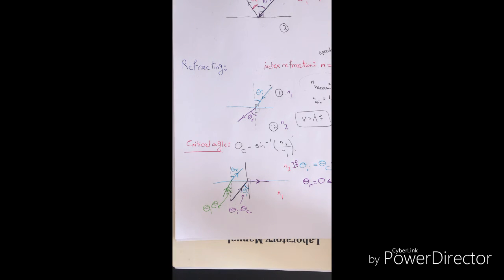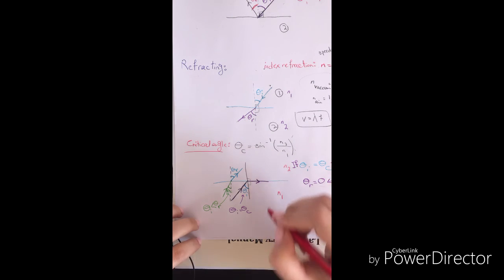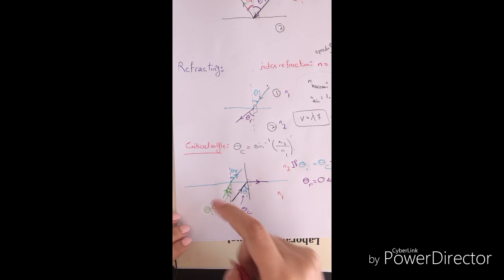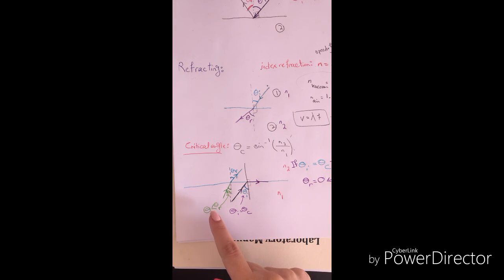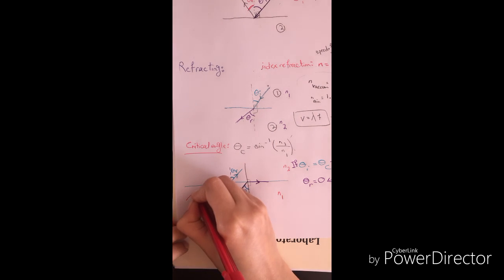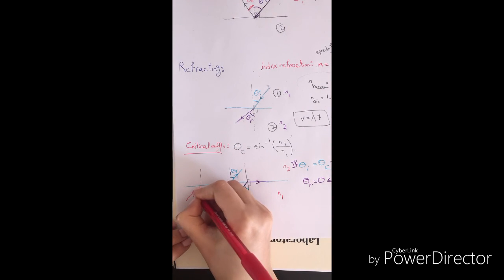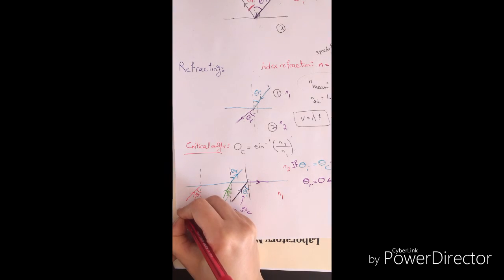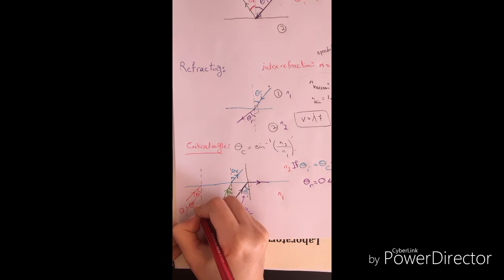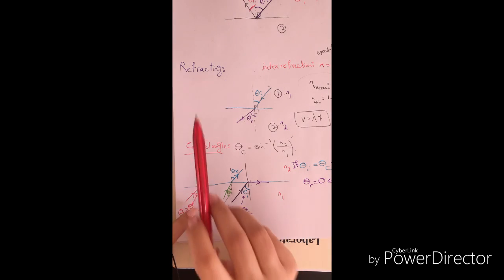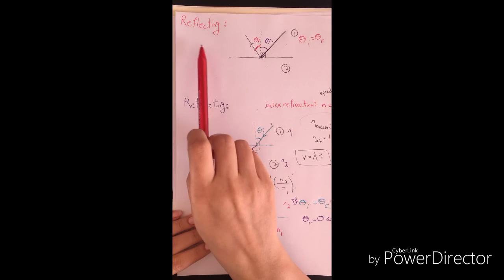Okay, now if the initial angle is greater than the critical angle, in that case, the ray will not be refracted, it will be reflected.